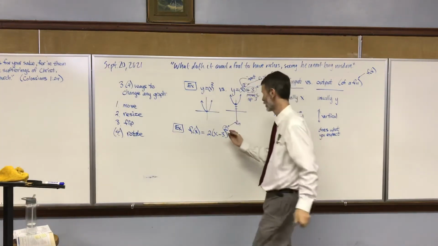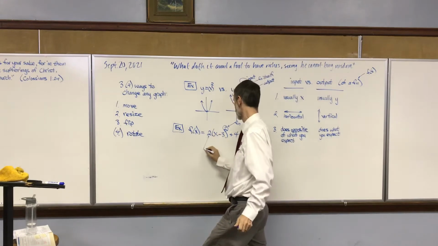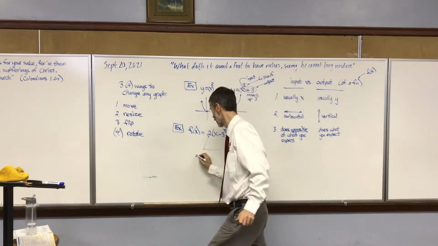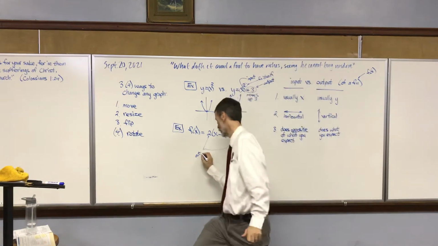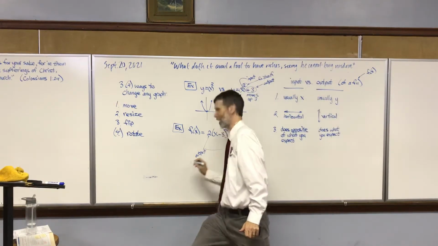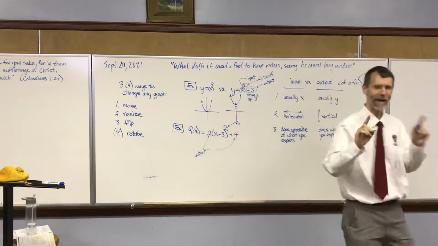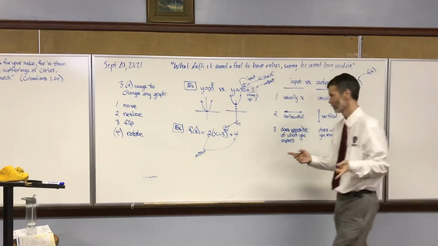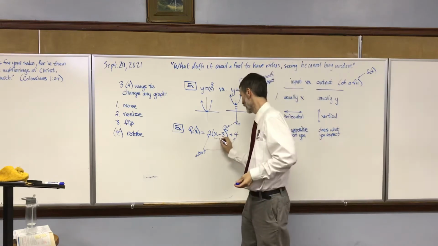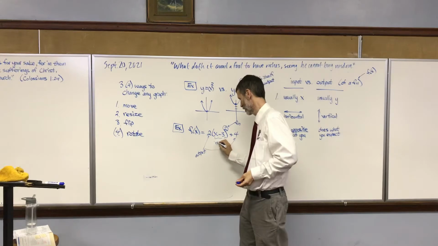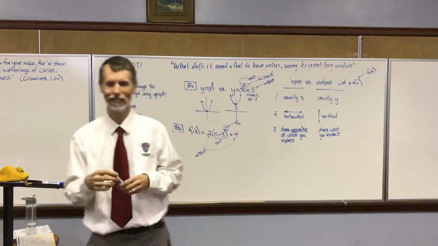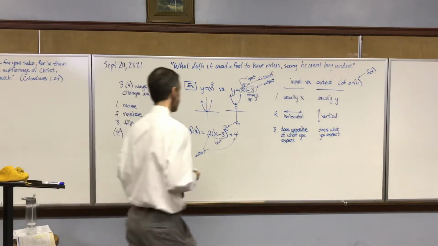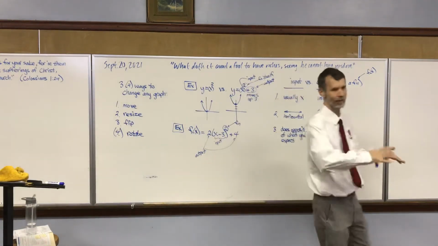I would propose that this and this are outside the square, which means we call it output. Anything outside the main function is output. And anything inside the square, by the square I mean this, is input. The minus 3 is in the input. The x is in the input. The times 2 and the add 4 are in the output.